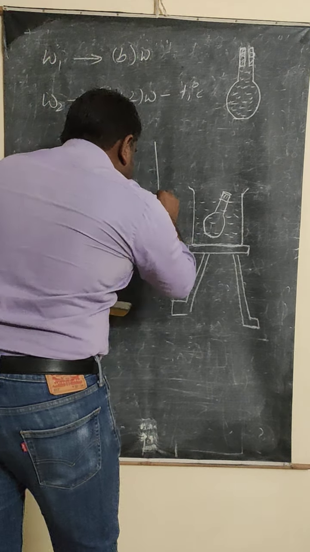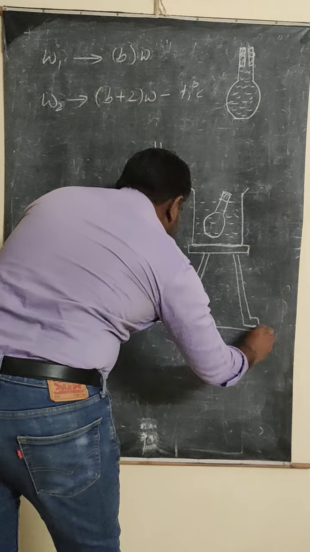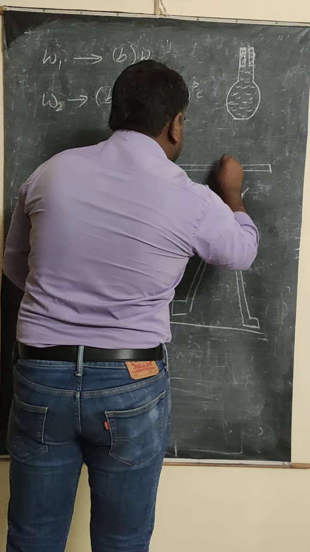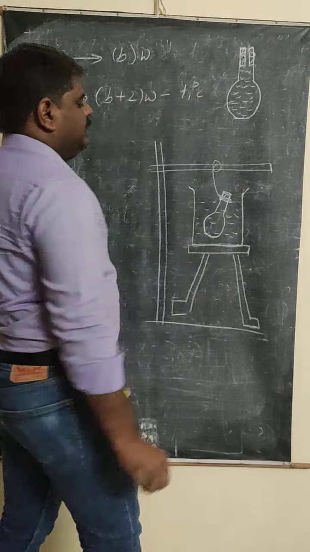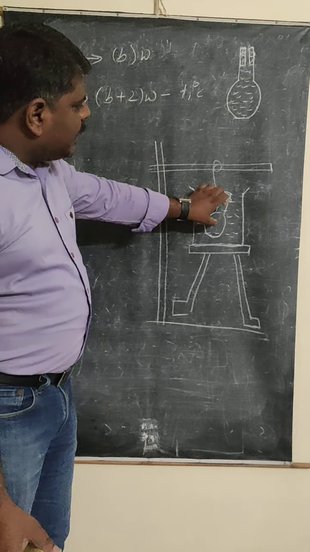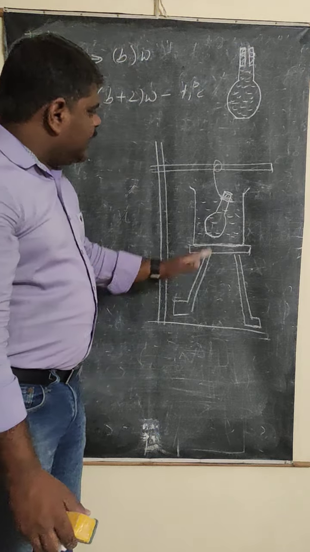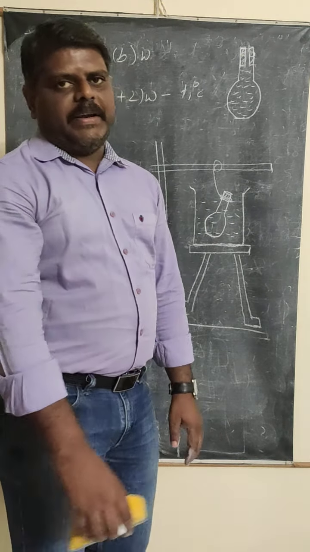This is a retort stand I am going to use here, and from this retort stand I suspend the bottle by a thread, in such a way that the neck is outside the water bath, which is a very important point.